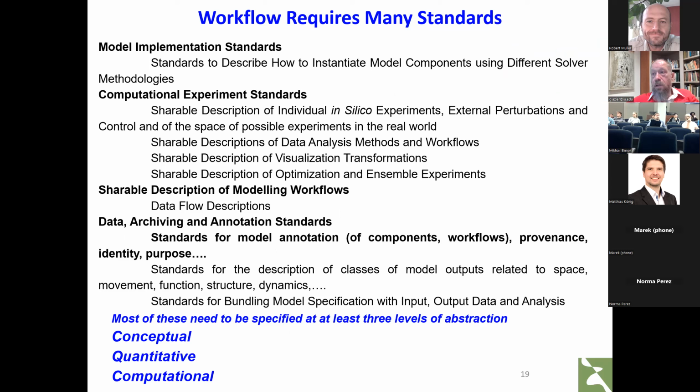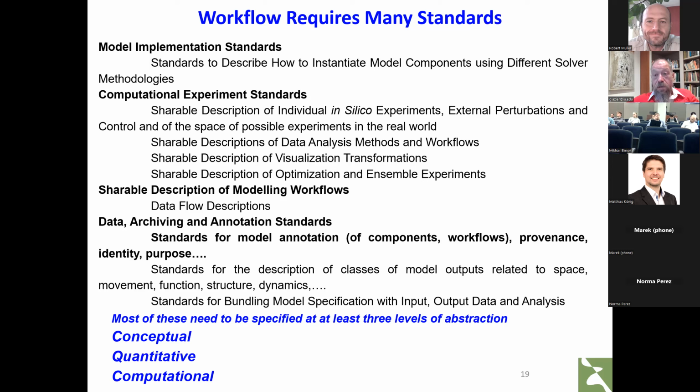And so these are, again, drilling out of these many, many headings and thinking about some of the components that would need to be developed in terms of modeling framework standardization. I want to emphasize, and I'll come back to this, that for many of these cases, you don't have a single standard. You have to at least have 3 levels of abstraction, and the solutions at different levels of abstraction may be different.